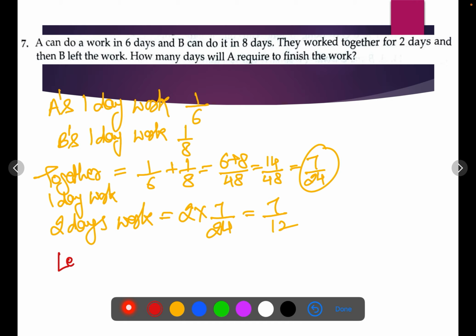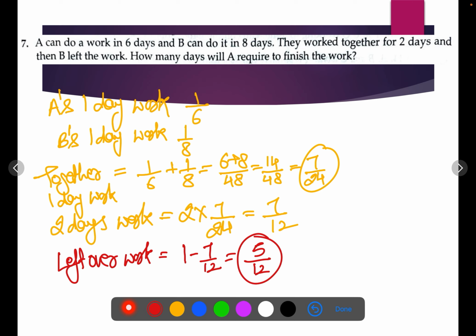What is the leftover now? Leftover work. Complete work minus the work done, which is 5 upon 12, right? Now 5 upon 12 is left. I need to find out the number of days A will require to finish the work.